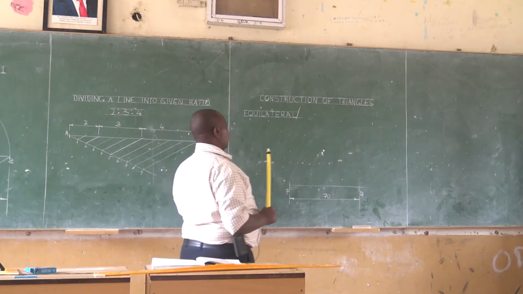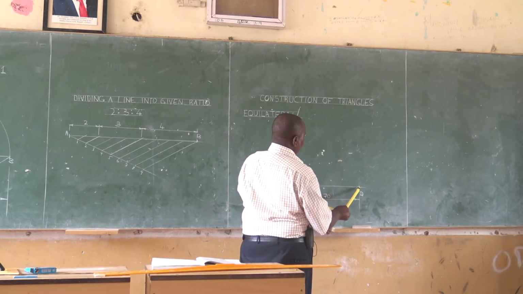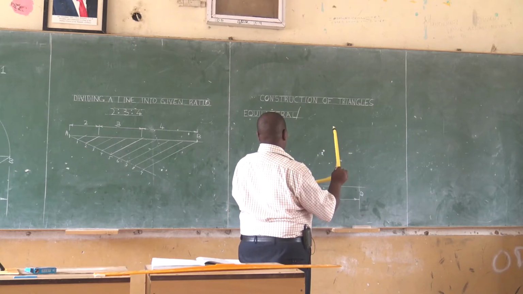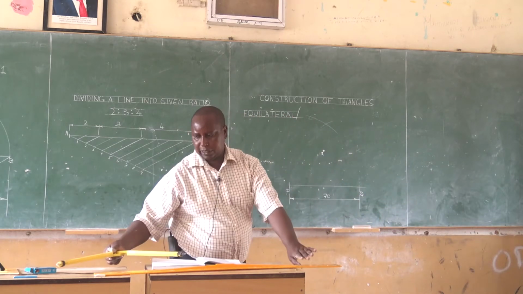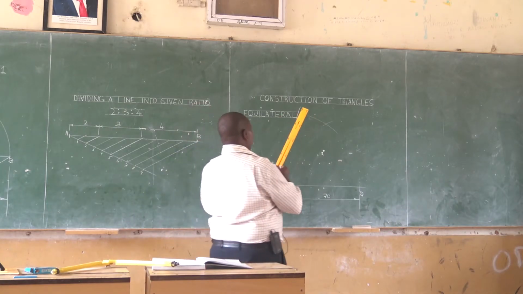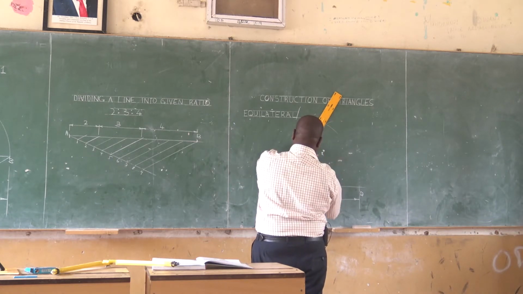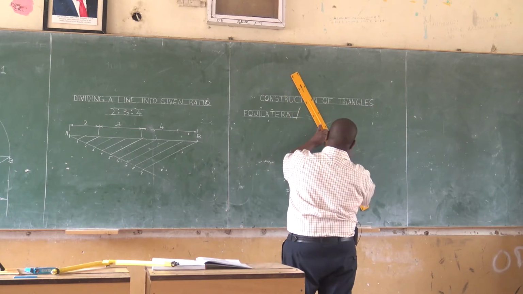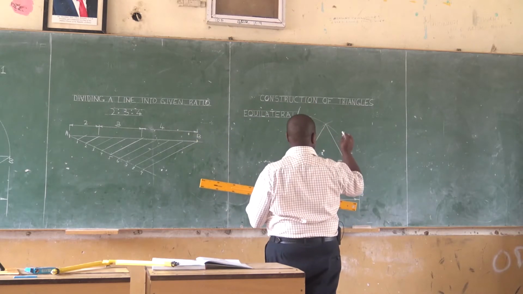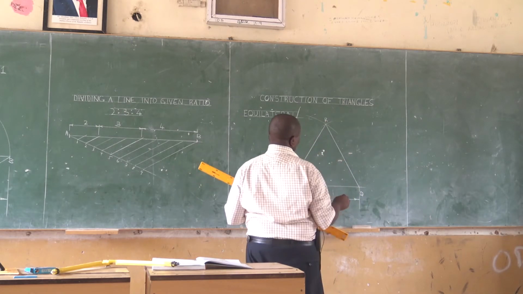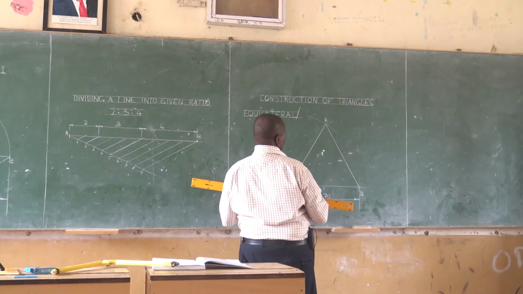Drawing an equilateral triangle is a simple exercise. Set your compass at the original PQ 70 millimeters and get intersecting arcs from both center P and center Q. And when the intersecting arcs meet, if you join that one to the original point P, the angle formed is 60 degrees from either side points, both points P and Q, so that R is also 60 degrees, and the three sides PQ and also PR and QR are equal.